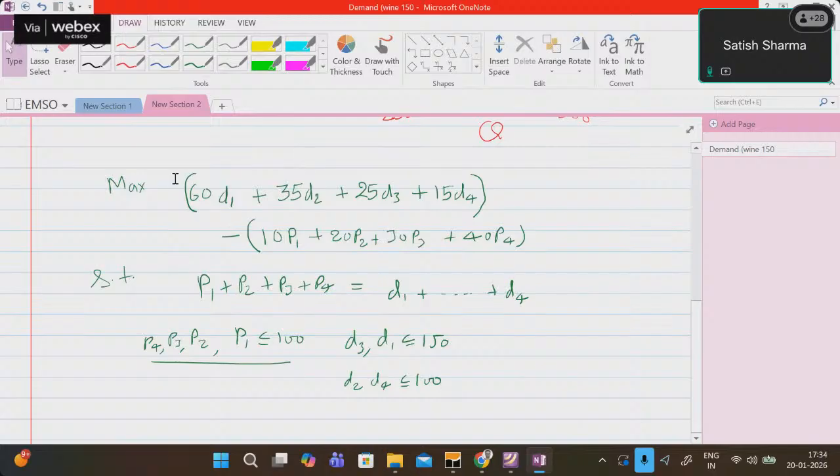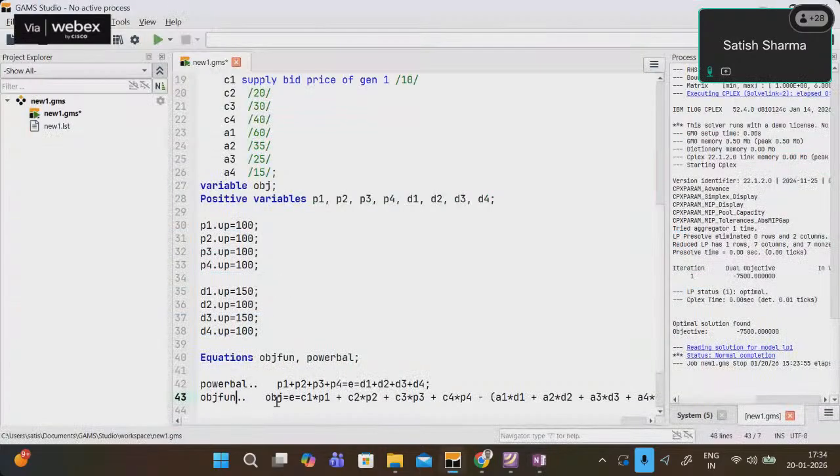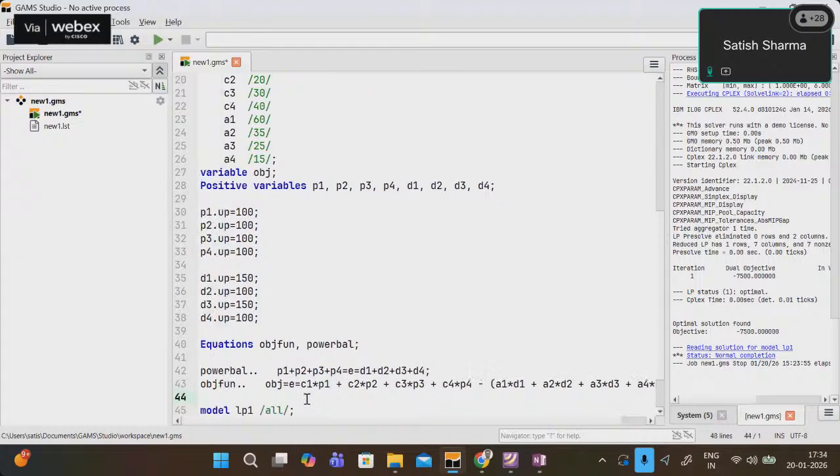So we assumed it is equal to another variable, and the name given is obj, the objective function. This entire function is obj. I have placed it here that obj is a variable which equals c1 p1, c2 p2, c3 p3 and c4 p4, and then minus a1 d1, a2 d2, and d4. So this is the entire equation.